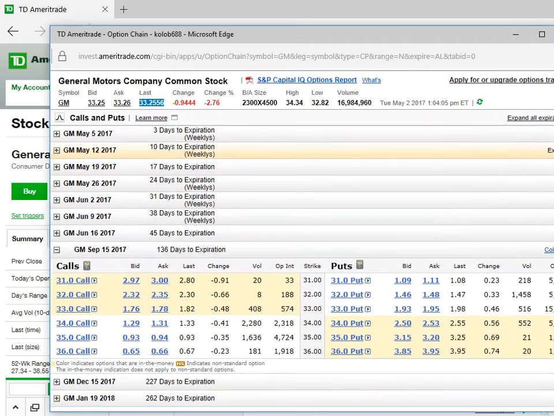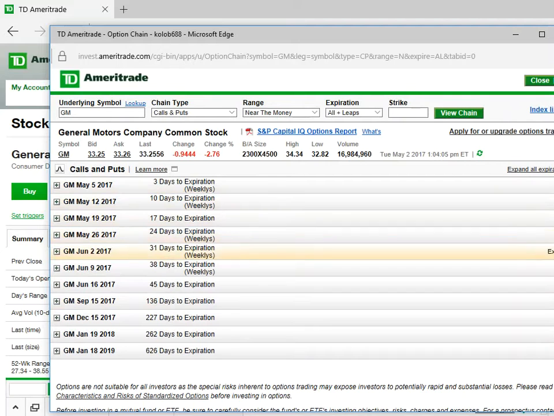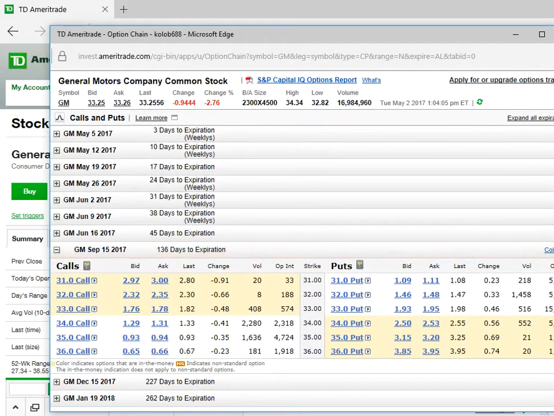You own 100 shares, and now you sell a covered call, and you say, okay, well, it's a range-bound stock. It's got a high of about 37, so maybe I'll go 6 months out, and I'll choose a $36 price.